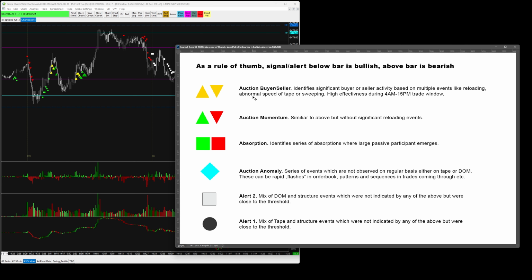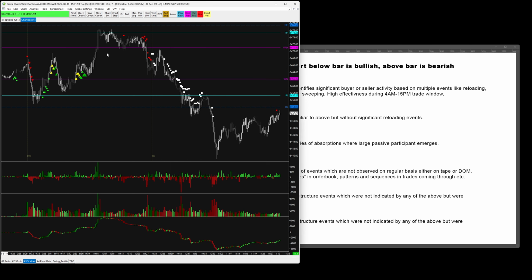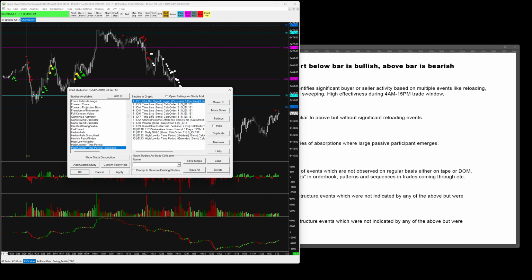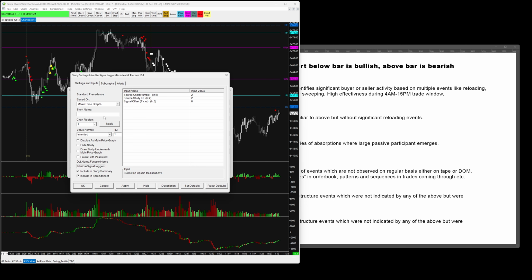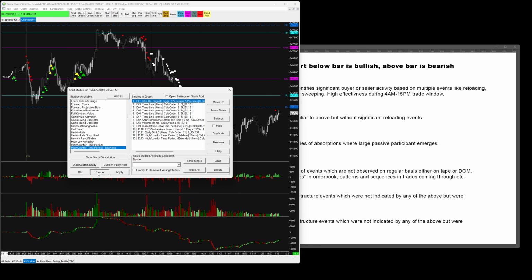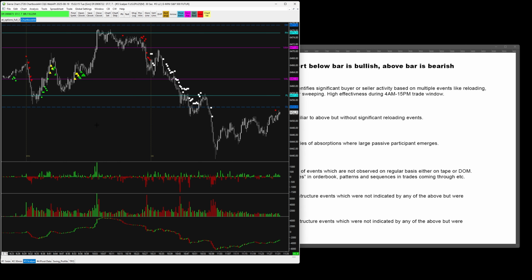So the nice thing about this indicator is that it automatically adjusts, so you don't have any adjustment. If you get into the studies and settings, there's just the source of the chart and stuff like that, but you cannot use any settings for this. Okay, so this is like set in stone.